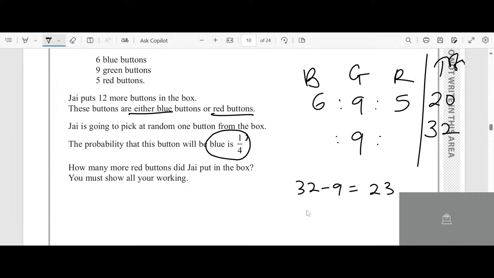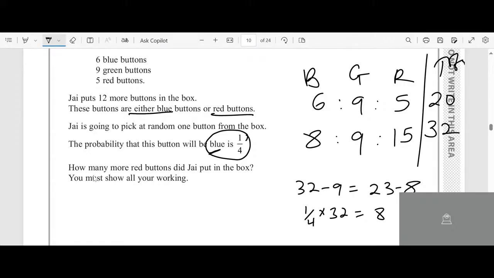So what is a quarter of 32? A quarter of 32 is 8. So automatically, the blue buttons are 8. Now remember they had remained 23. If I subtract 8 from 23, you get 15. It means automatically the reds were 15.